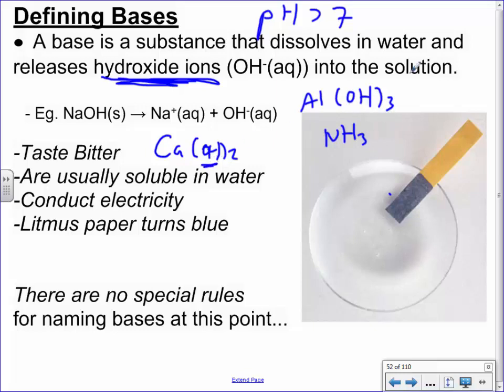But for right now, if you see an OH, it's a good indicator that it's a base. But there are other things that are basic that later I'll try to explain to you why they're basic. So, bases are bitter. They're also usually soluble in water. They usually conduct as well. And these guys turn litmus blue, if you've seen that before. If not, I'll show you in a week.